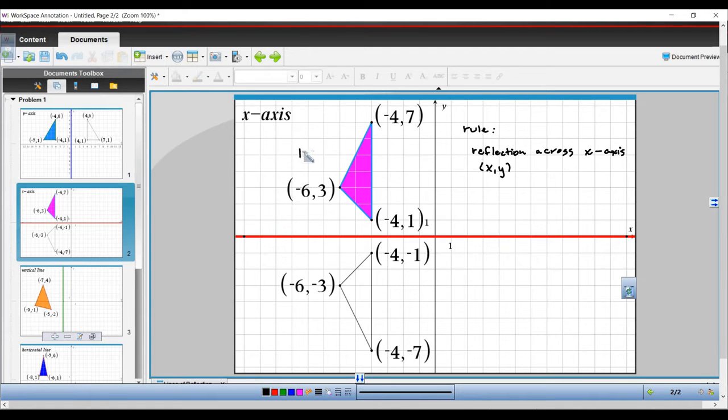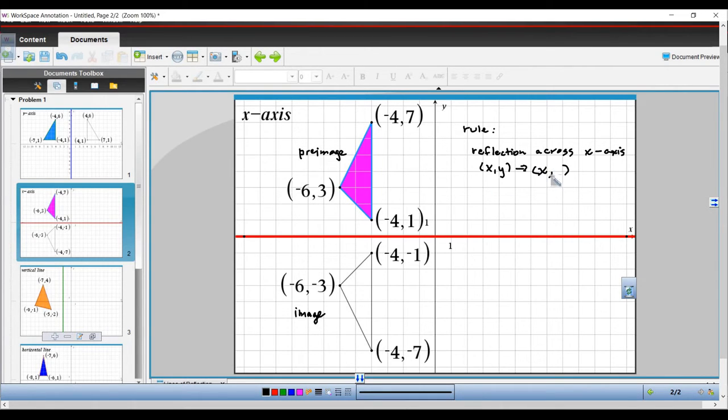And when we reflect over the x-axis, again, we have our x, y. Again, this right here is our pre-image, and this one down here is our image. And any point on the pre-image, when I reflect it down to the image, again, what happens? The x values are the same, right?